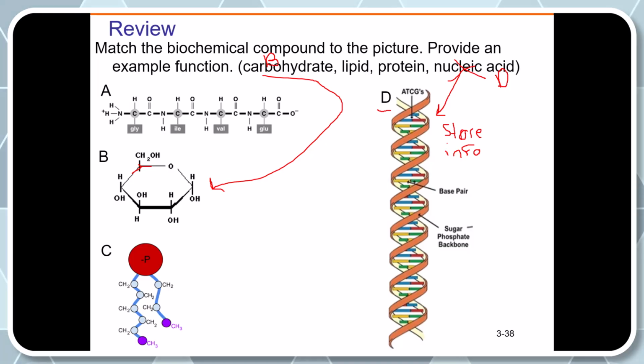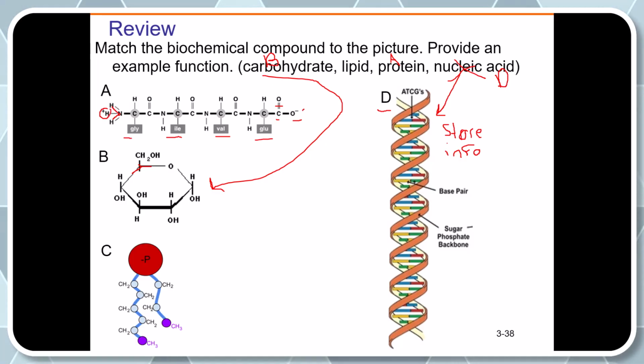So then this next one, A is our protein. It's made up of multiple amino acids, and it has an NH2 group on one end and a COOH group on the other end, right? But they got this extra H from this side over there.